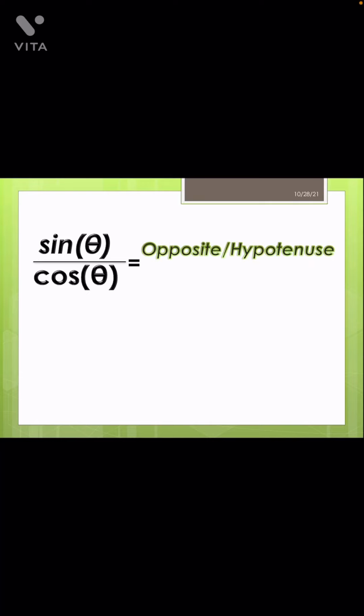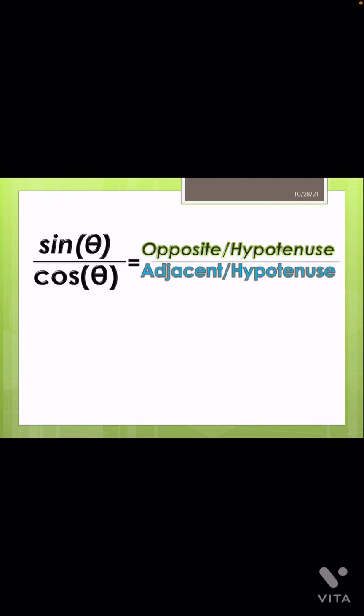When we are dividing sine by cos, we will get sine, opposite by hypotenuse, and cos, adjacent by hypotenuse. When we divide this, hypotenuse will get cancelled and we will get opposite by adjacent.